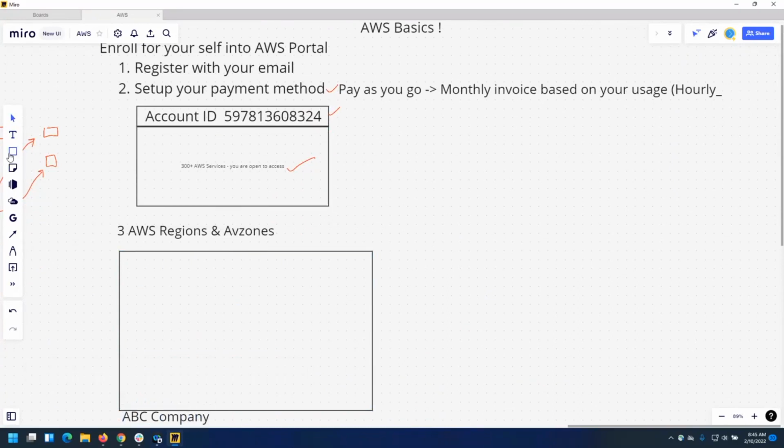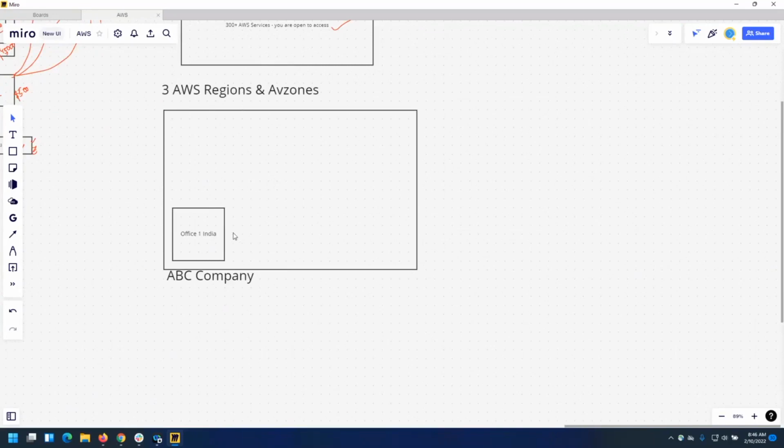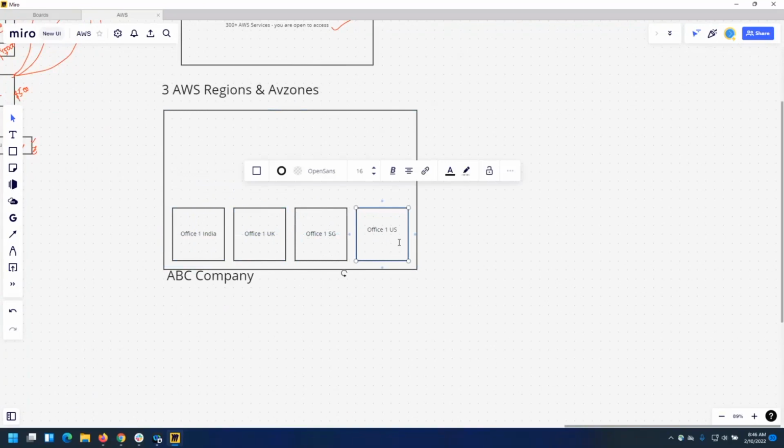It has some remote offices: office 1, India, UK, Singapore, let's say US, and so on. You have some offices.